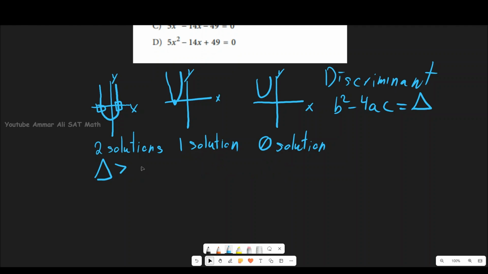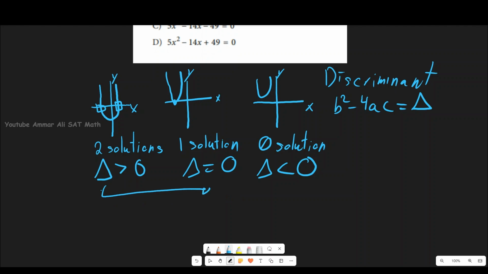Sorry. Actually, never mind, I didn't. My bad, I always confuse myself. Okay, so that looks right. Two solutions, discriminant is greater than 0. Discriminant equal to 0, one solution. And discriminant less than 0, no solution. Okay, so this is definitely right. I don't know why I was confused at first.